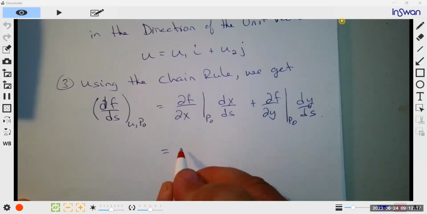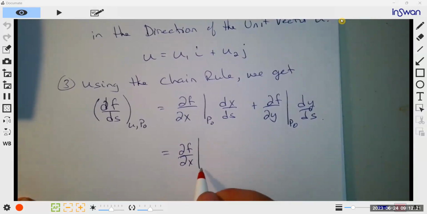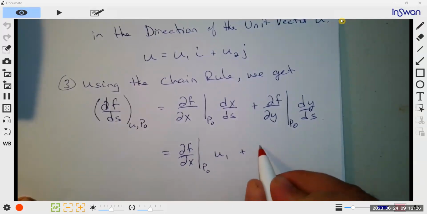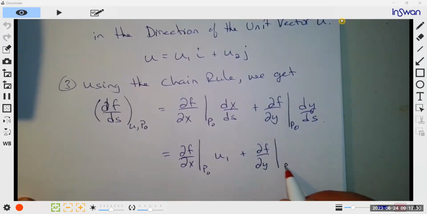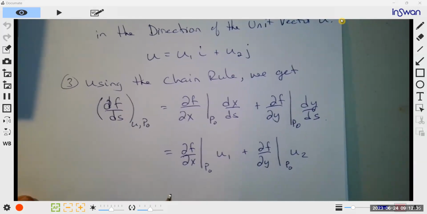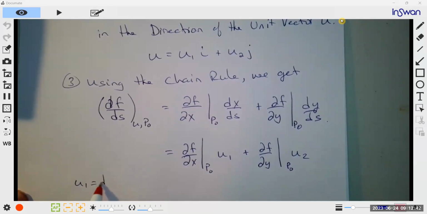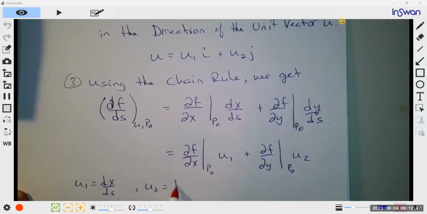What this represents is the partial of f with respect to x at P sub 0 times u sub 1, plus the partial of f with respect to y at P sub 0 times u sub 2. So u1 is defined as the derivative of x over s, and u2 is the derivative of y over s.